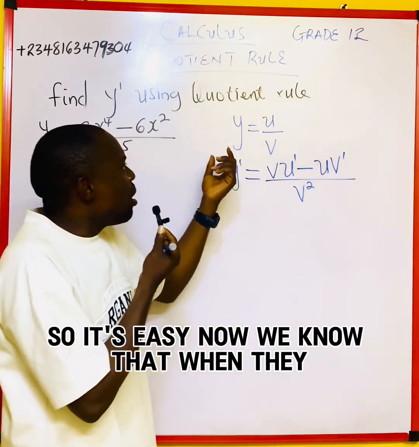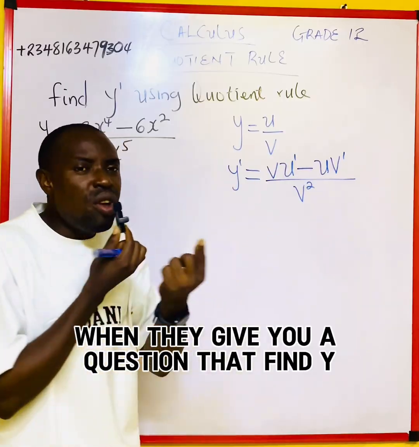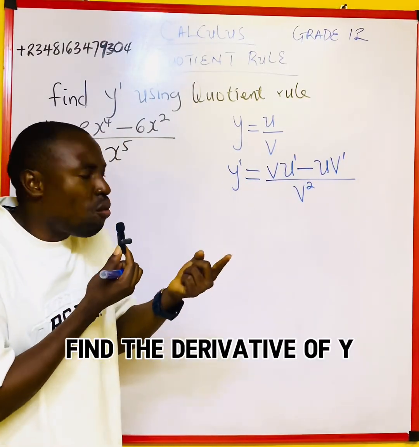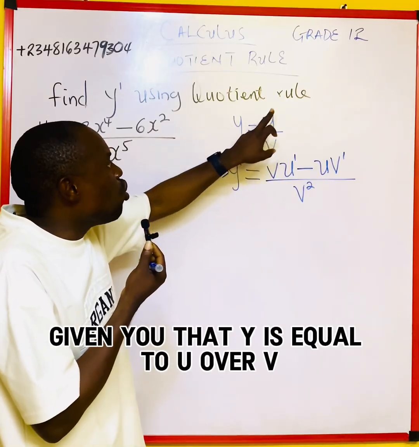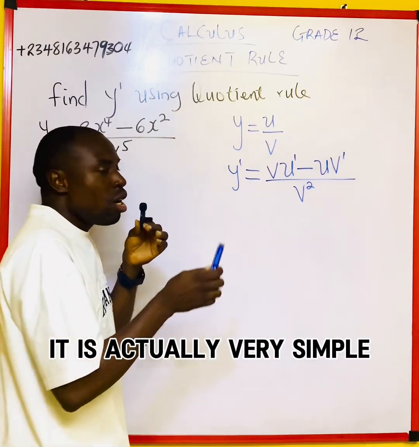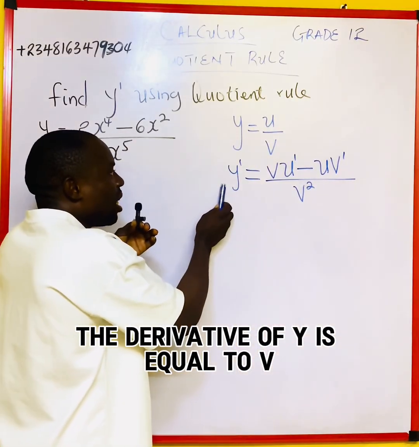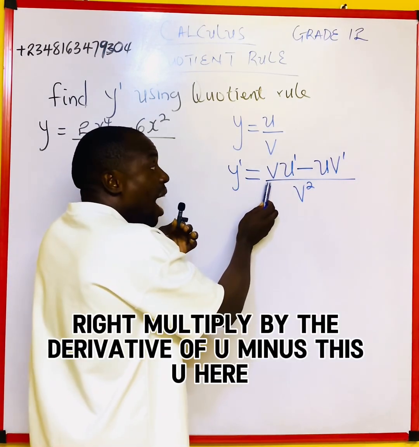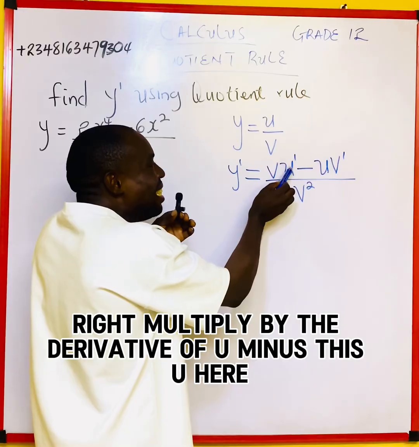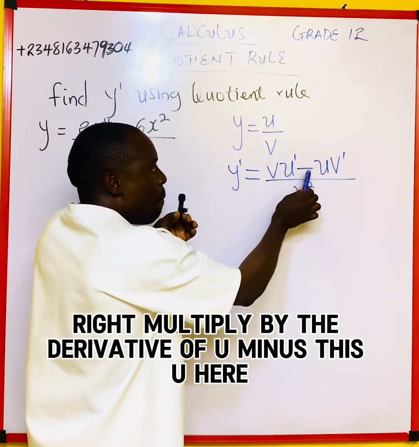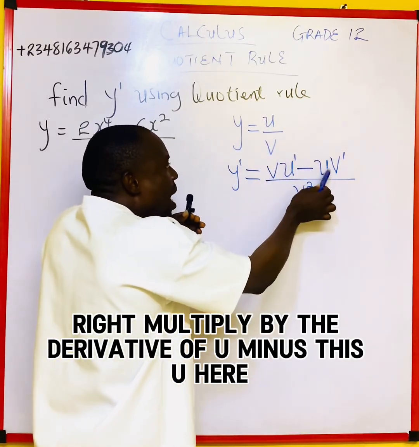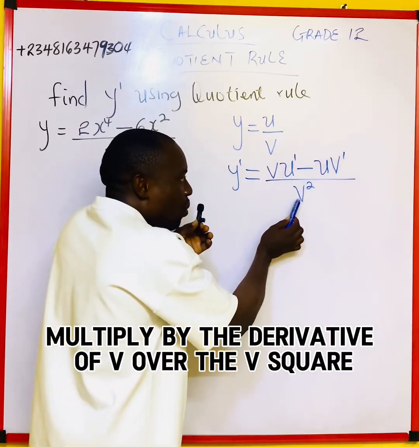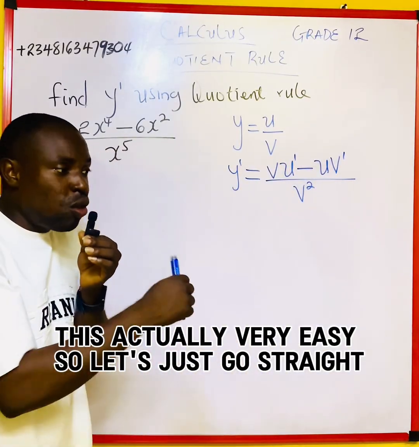Now we know that when they give you a question that says find the derivative of y, giving you that y is equal to u over v, it is actually very simple. The derivative of y is equal to v multiplied by the derivative of u minus u multiplied by the derivative of v, over v squared. It's actually very easy. So let's just go straight.